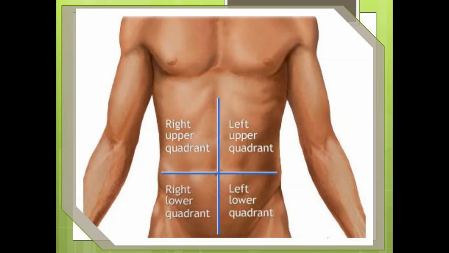At the same time, the right lower quadrant is the lower part of the abdomen, below the umbilical level. It has the appendix, large intestine, small intestine, and the ileocecal junction, where the small intestine joins the larger intestine.